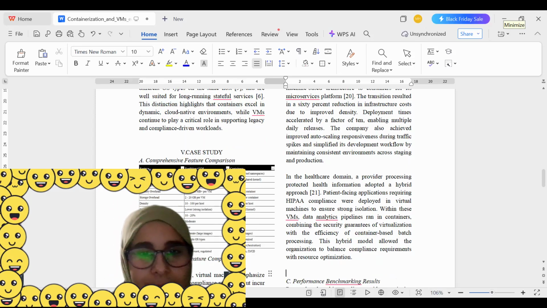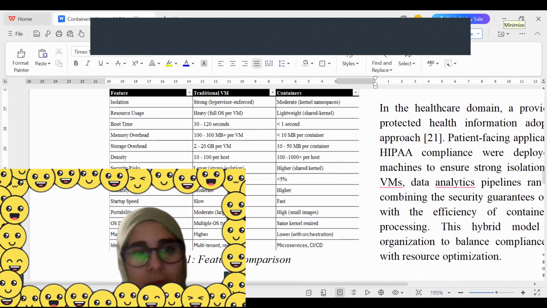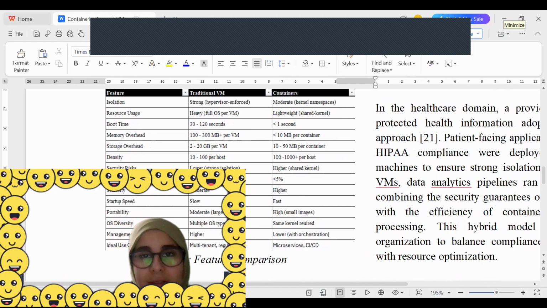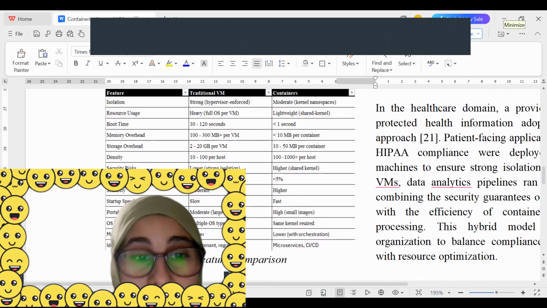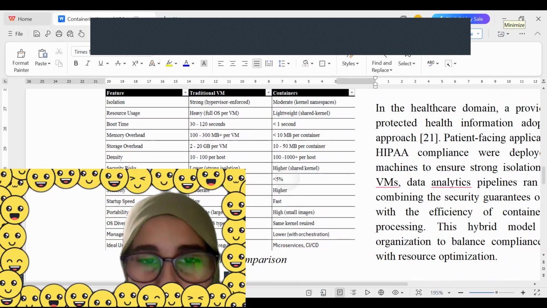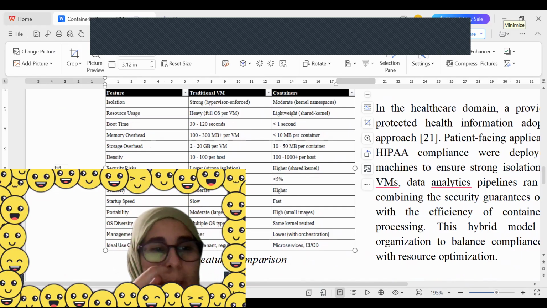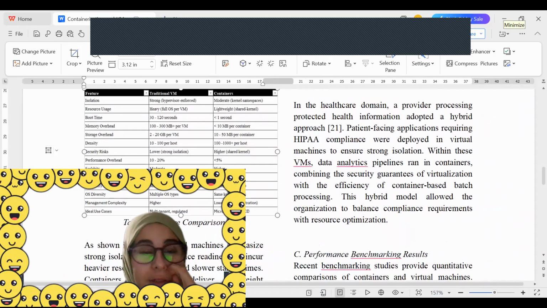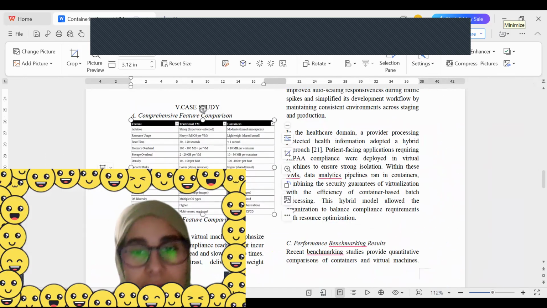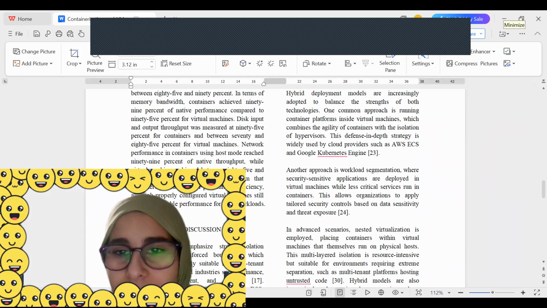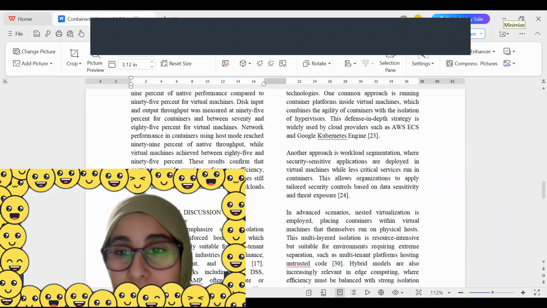Look at this, it also summarizes what we were talking about between them. Performance overhead for containers is 5%, but for this one it's 10-20%. It's the best choice for systems, as it balances security and efficiency. For hybrid approaches, we see defense in depth widely.